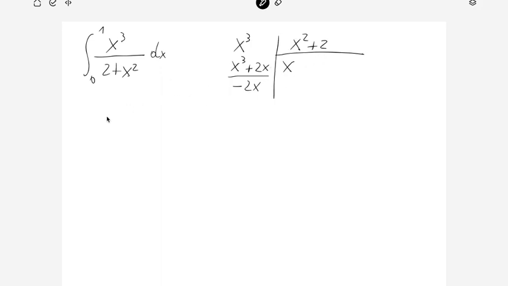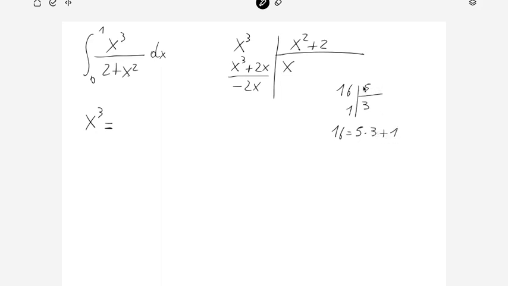Okay, then how can we write x cubed? Well, as in the division between numbers. For example, if we divide 16 by 5, we obtain just 3 with the remainder of 1, and this means that 16 is equal to 5 times 3 plus 1.